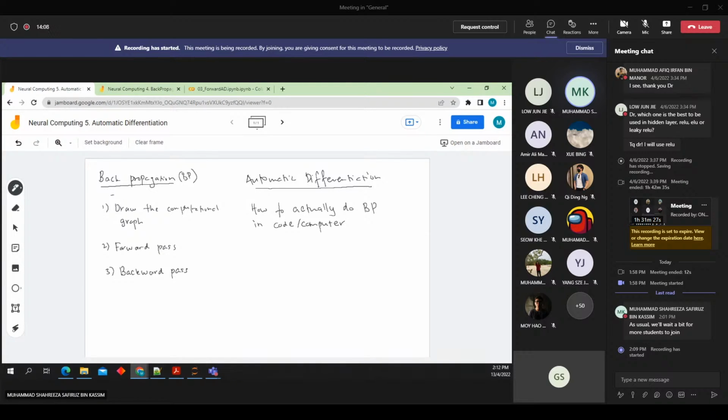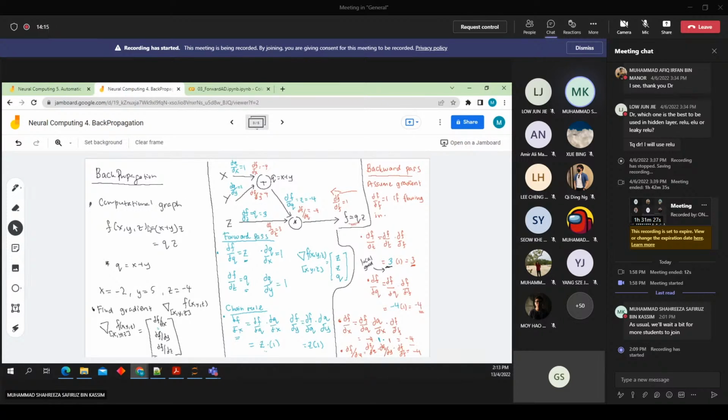Because in the backpropagation that we've done, as you can see, we have a function, and because we are doing it on a piece of paper, or well, on the Jamboard, basically we're doing it manually, computing all the local gradients. We can calculate the chain rules, right?